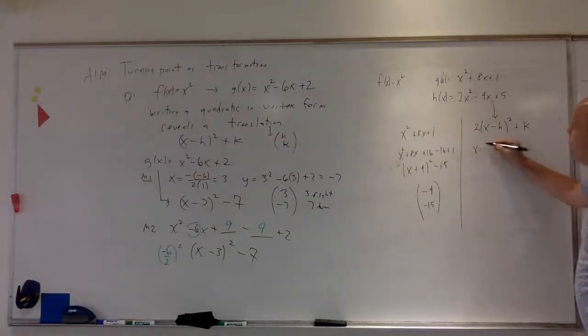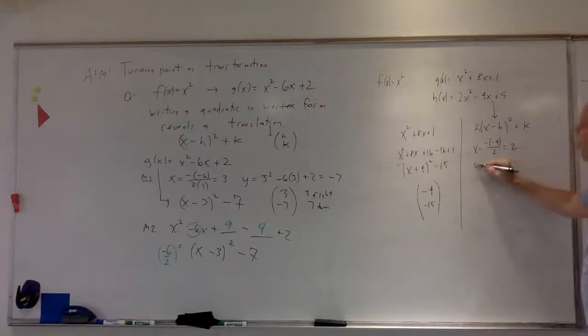Well, x equals negative negative 4 over 2 times 2, that's 1. Sorry, x equals 4 over 4, which gives 1, and then the y is 2 times 2 squared minus 4 times 2 plus 5. So 2 times 2 is 4, 8, 8 minus 8 is 0, plus 5. It's 5.